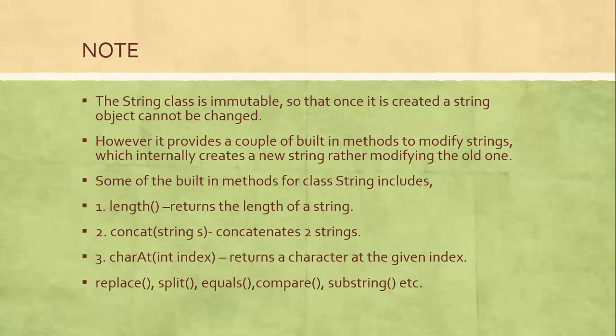However, it provides a couple of built-in methods to modify strings, which internally create a new string rather than modifying the old one. So we do have some built-in methods that can help you modify the string. But what happens in the internal memory is that you're not modifying the string that you created. Imagine there is a string hi, and you want to append another word, let's say there, and make that string hi there.